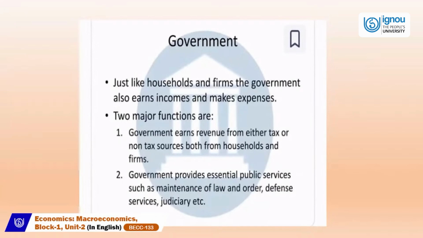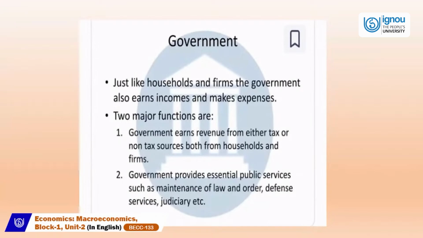If they earn income from the households and firms, then ultimately the government is able to make more and more expenses. So the two major functions of the government: it earns revenue from either tax or non-tax sources, like TDS, property tax, sale of property tax, and all that.